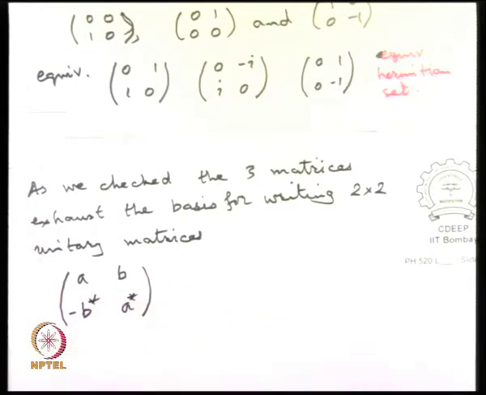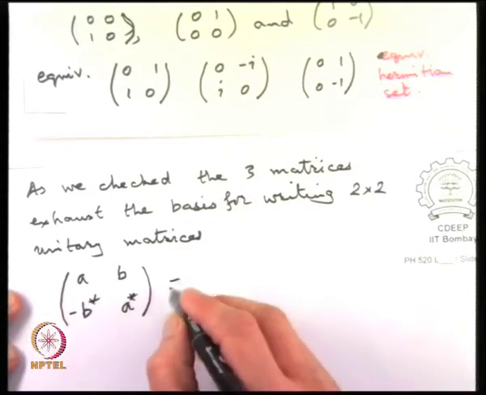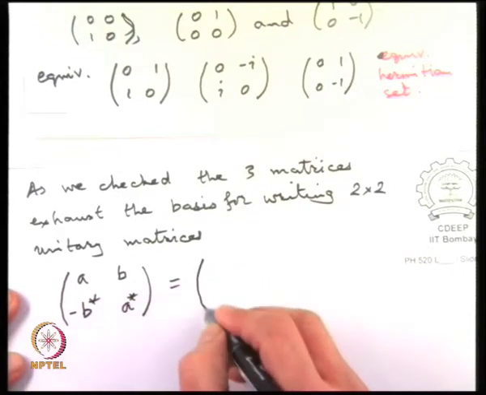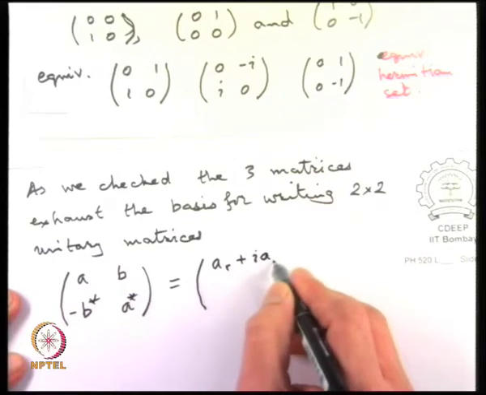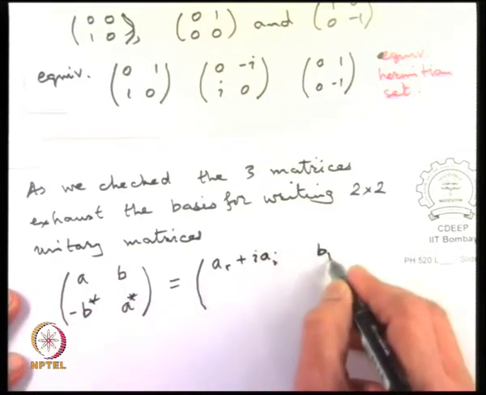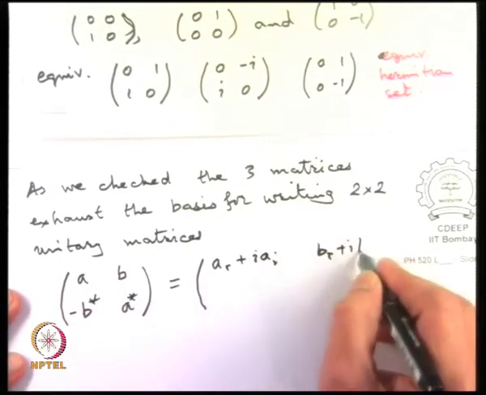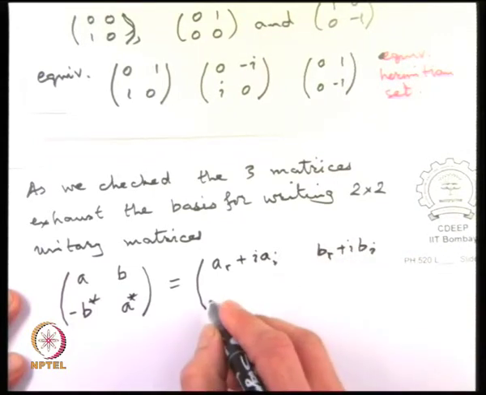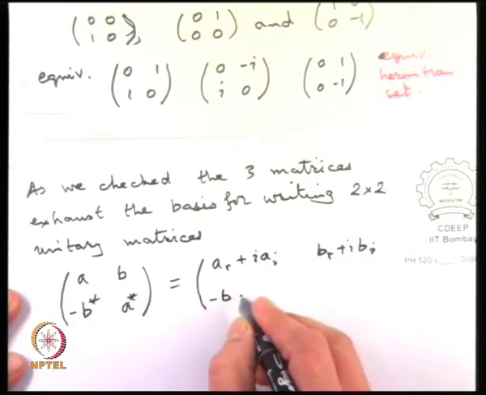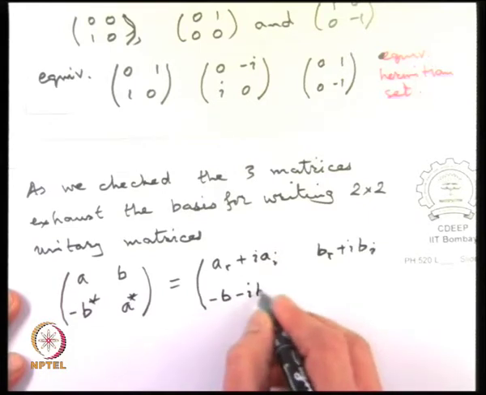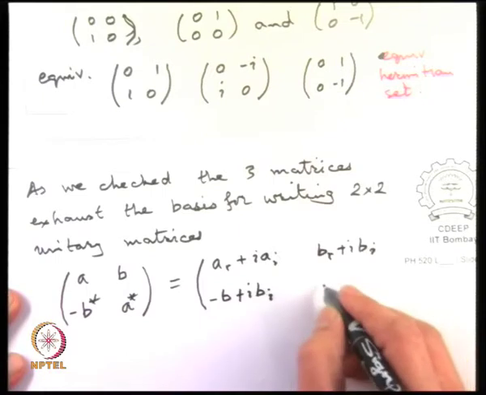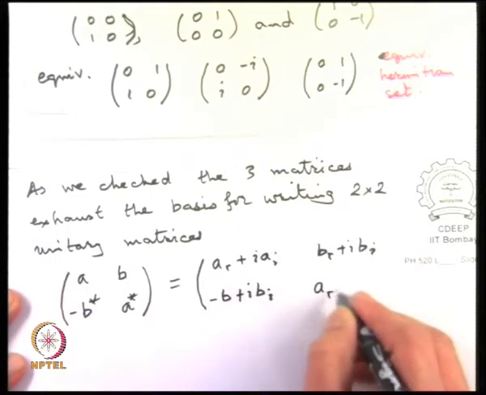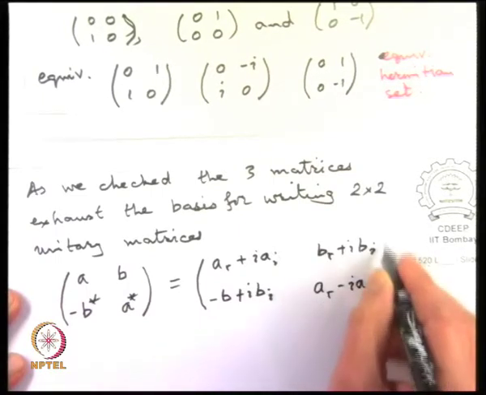This is how we could characterize a unitary matrix, and that we wrote out as equal to AR plus I A imaginary part, BR plus I B imaginary part, minus B R minus I B imaginary part, sorry, with plus sign now, and AR minus I AI.